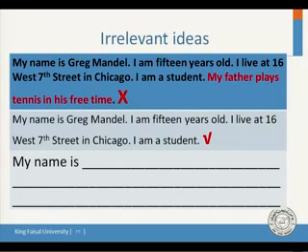It does not belong here, so we don't write it in the same paragraph. Now, try to write a paragraph, 4 sentences about yourself. Don't write a sentence about your father or brother or sister in this paragraph.